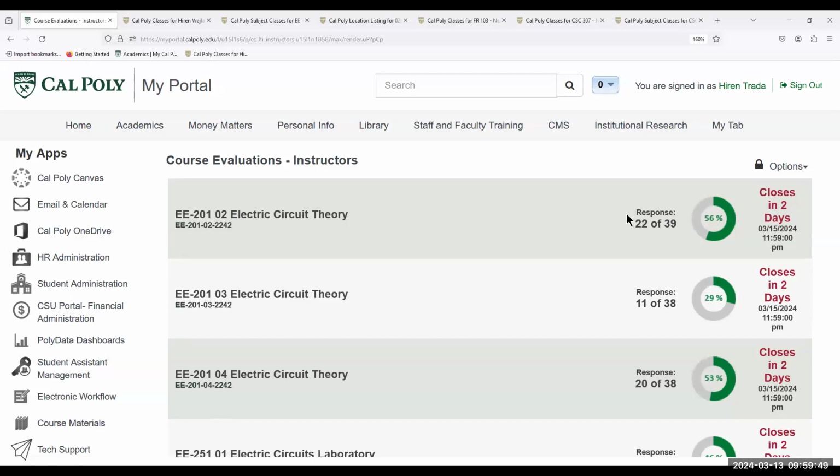And then there's still a couple of days left. Hopefully the response rate will go up. And if it goes up, again, your extra credit points go up also. Okay, so great. Good job.